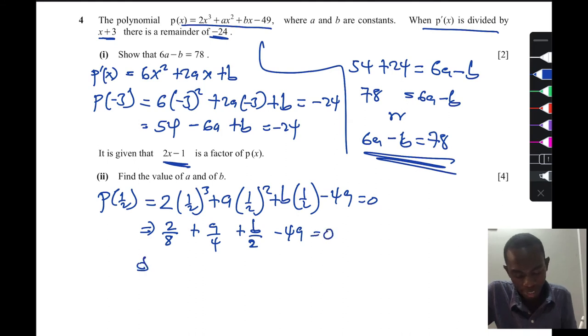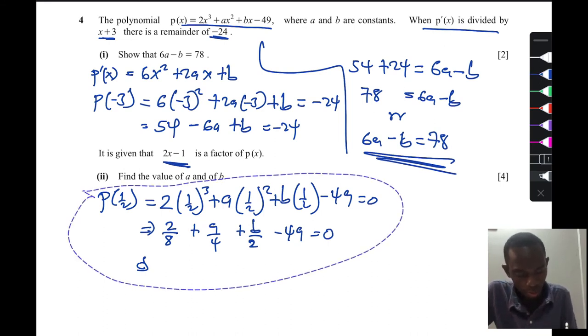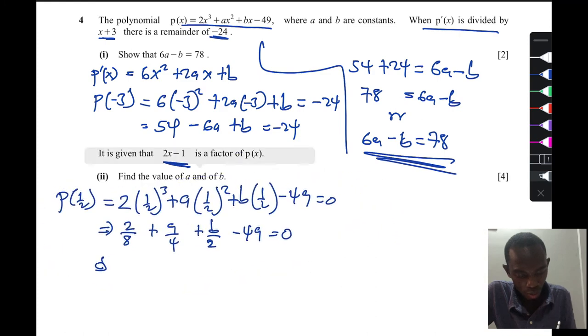Let me move this a little bit to the side so I can get more space to work with. Now that means we have a over 4 plus b over 2. Now 1 over 4 minus 49 will give us negative 195 over 4.